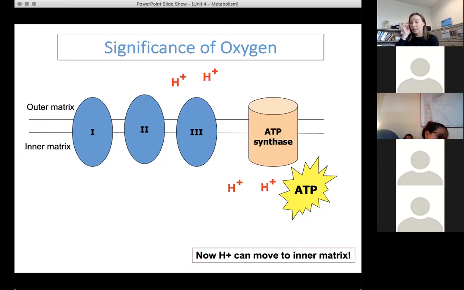So if you're making 3 from the FADH2, and then from the NADHs, you're making either 23 or 25, you add 3 to that, so it's a total of 26, or it can be a total of 29.